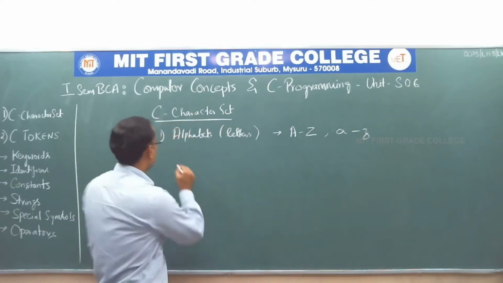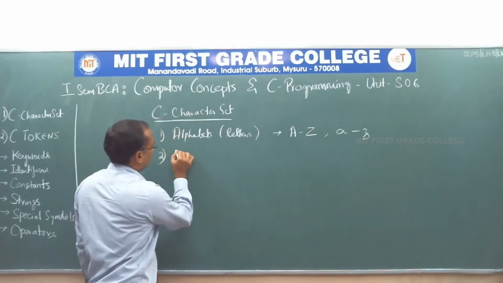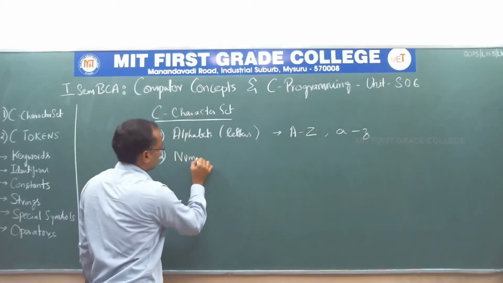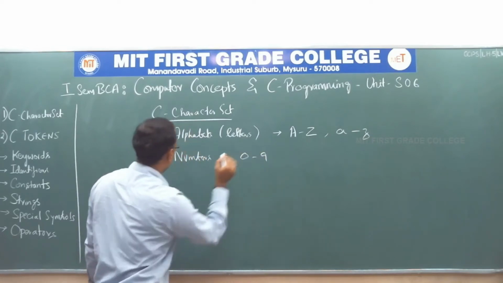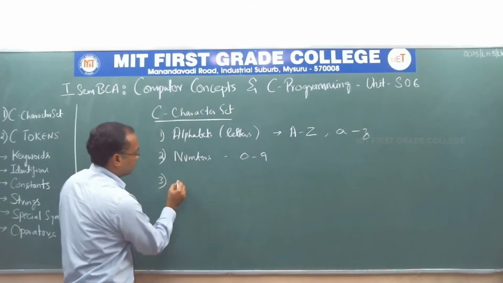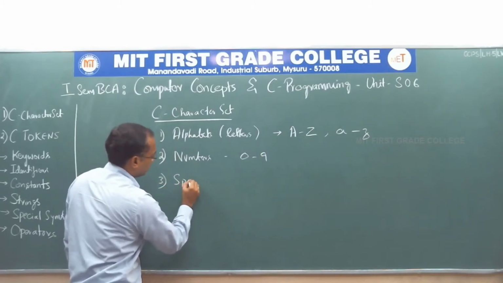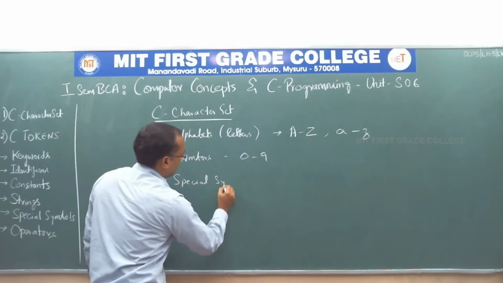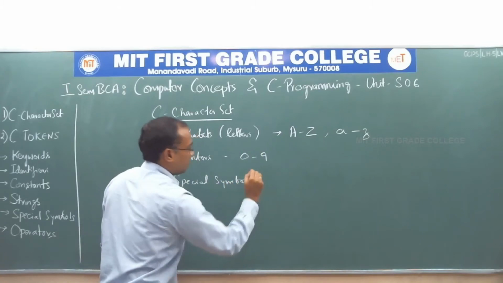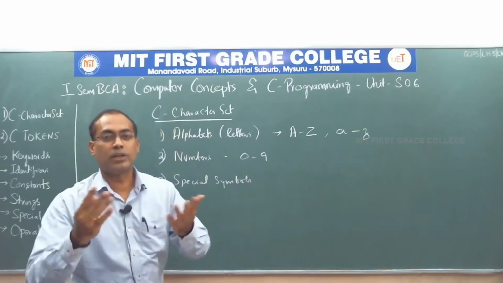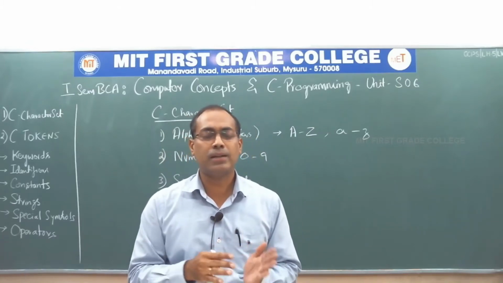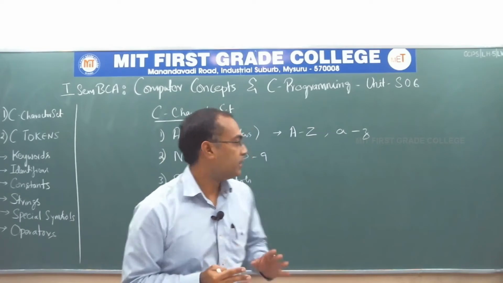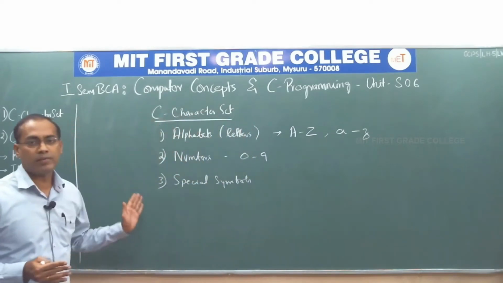And then the next is the numerals or numbers, 0 to 9. And then you have the special symbols. The special symbols are nothing but what you can find on the keyboard apart from the numbers and alphabets. So these are the character set of C program.